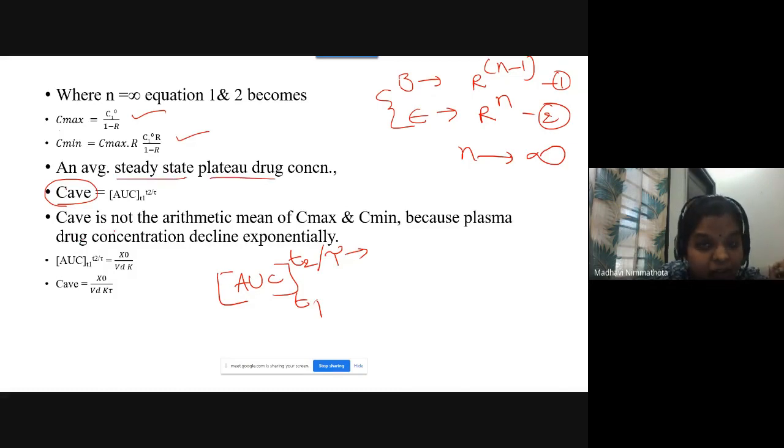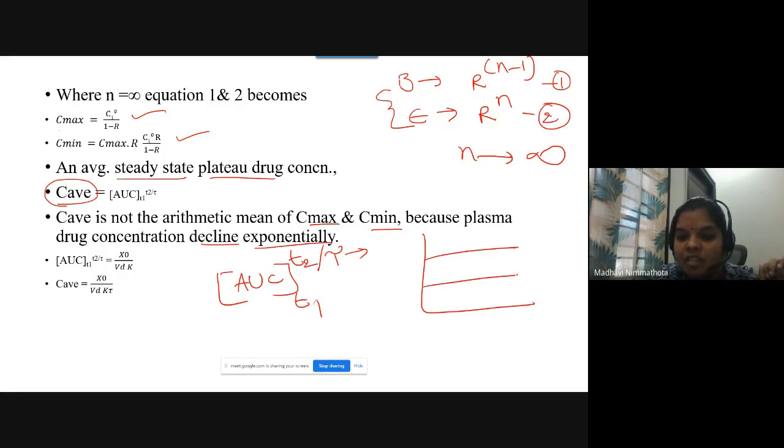The C average is not the arithmetic mean of maximum and minimum, because plasma drug concentration declines exponentially. After some time, this is the minimum effective and this is the maximum safe, so your drug can travel in between these.